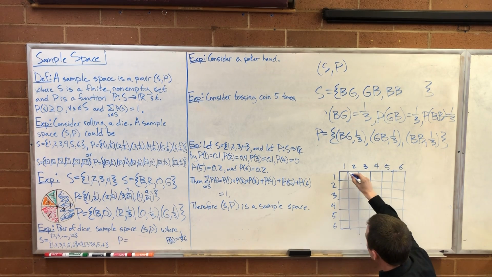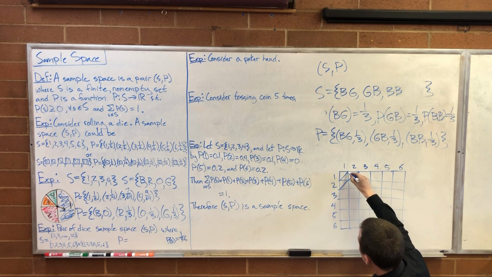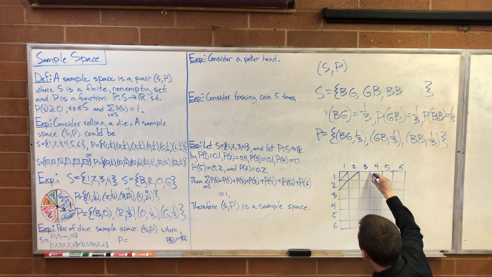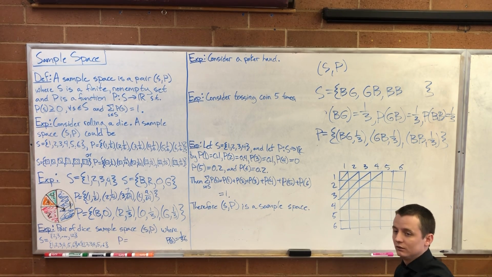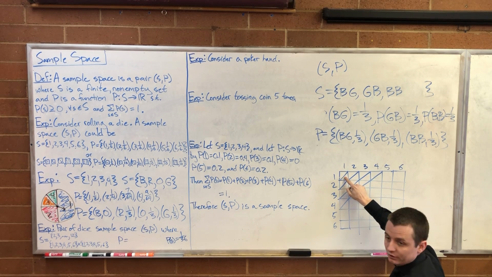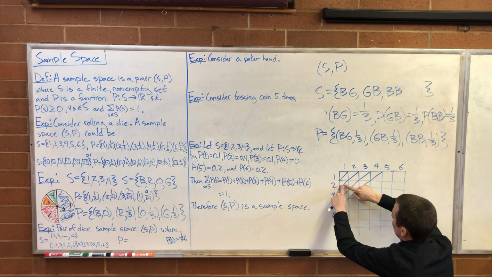The reason is these are your 2s, these are your 3s, these are your 4s, these are your 5s. You see what I'm saying? 1, 1 is the only way to get a 2. 2, 1 gives you a 3, and 1, 2 gives you a 3.